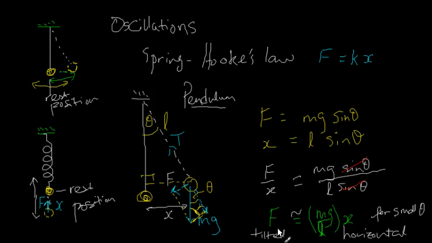Because we really ought to be comparing the component of this force in the horizontal direction. But I shan't go into the details of the mathematics, because for our purpose we just need to be aware of this.